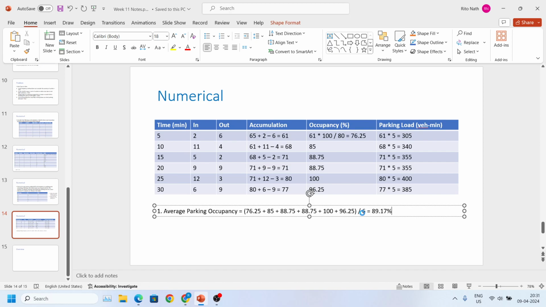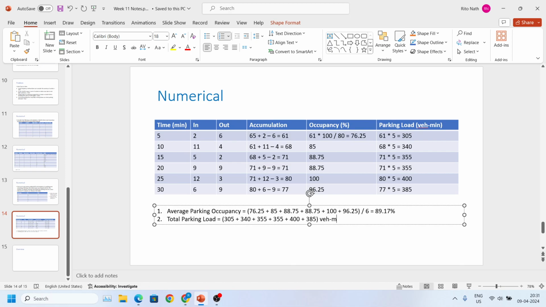This is in percent. And the next one is total parking load. It's just adding up that column. This is 305 plus 340 plus 355 plus 355 plus 400 plus 385.